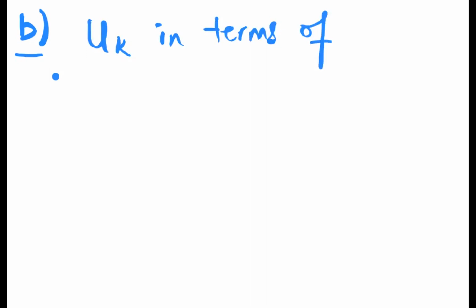Okay, so now the second task is that we want to find out u_k, or express u_k in terms of phi of x, H, and let's say V and sigma.